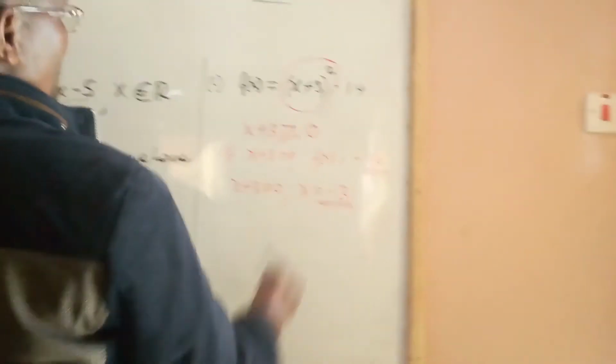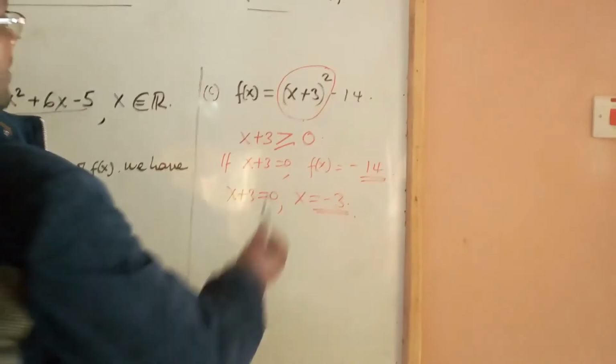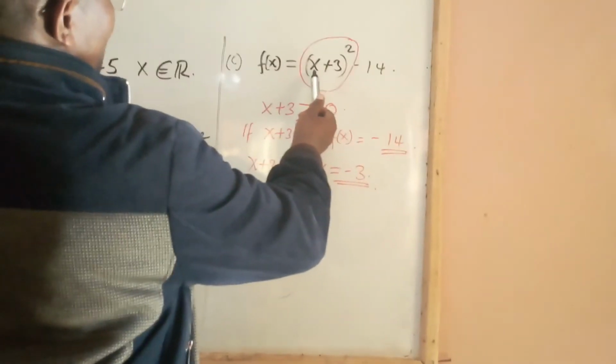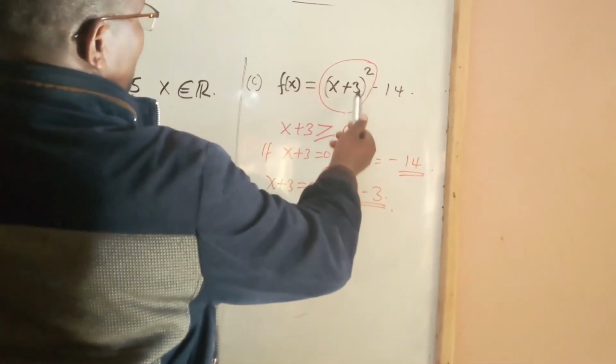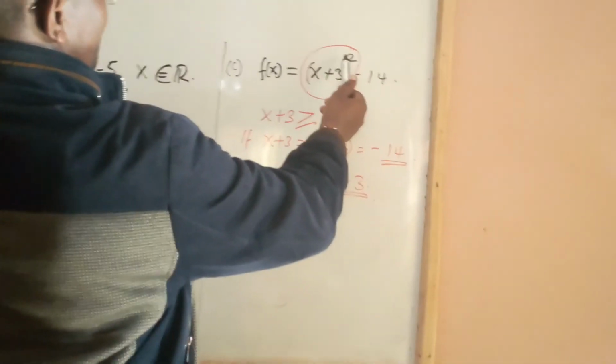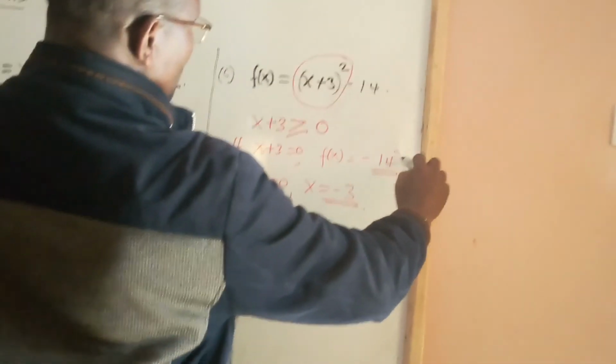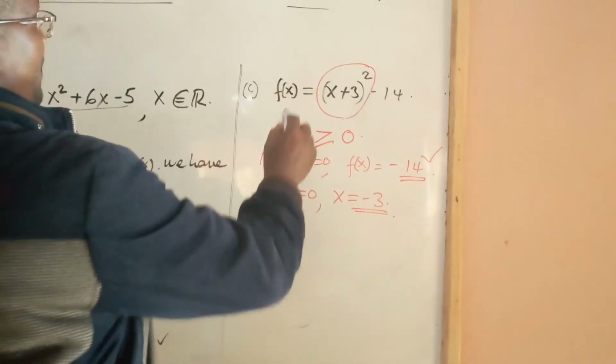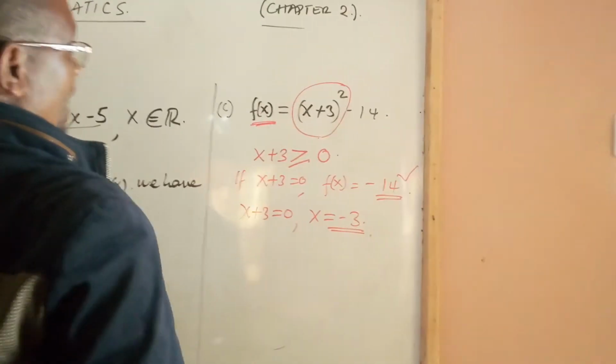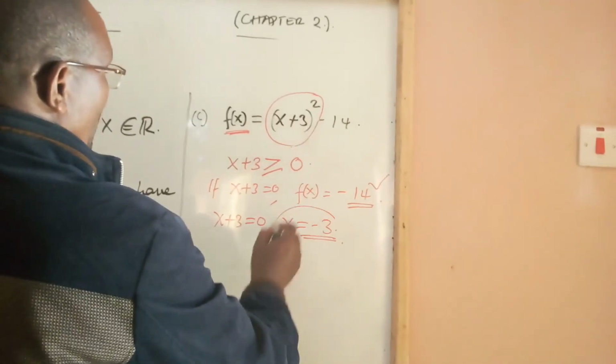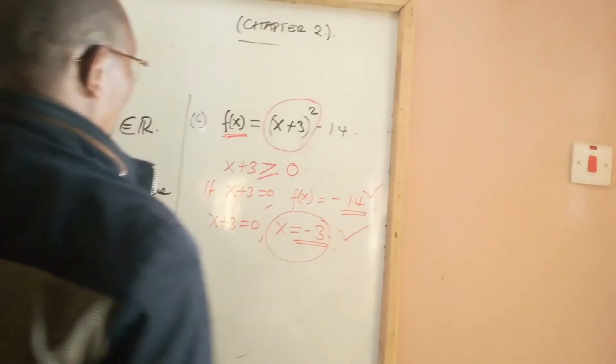So when the value of x is negative 3, if you put negative 3 here, negative 3 plus 3 gives us 0. 0 squared is 0, minus 14, which is the least value of the original function f(x). And it can only be realized when x itself is negative 3.